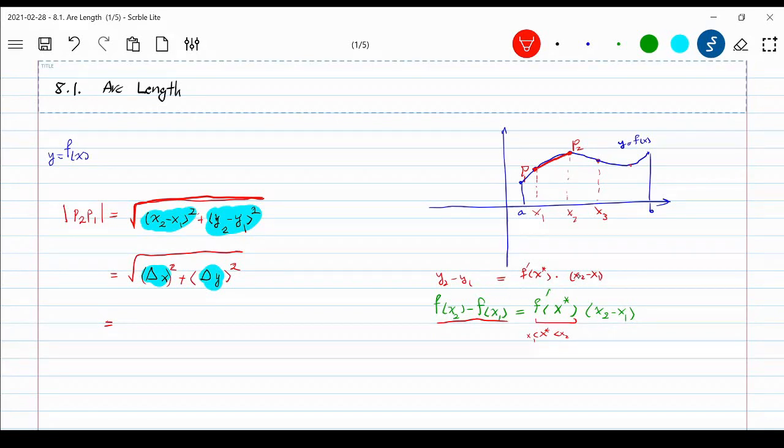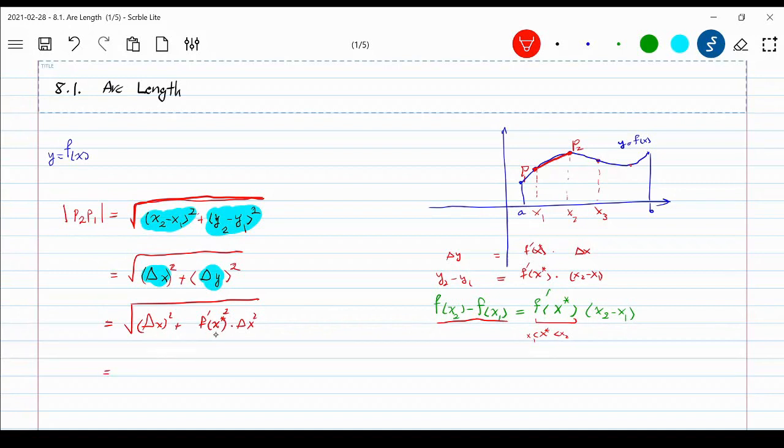The closer you pick x2 and x1, the more accurate the length of the curve becomes. So this is the same as delta x squared plus, instead of delta y, the derivative times delta x: f prime of x star times delta x, squared.